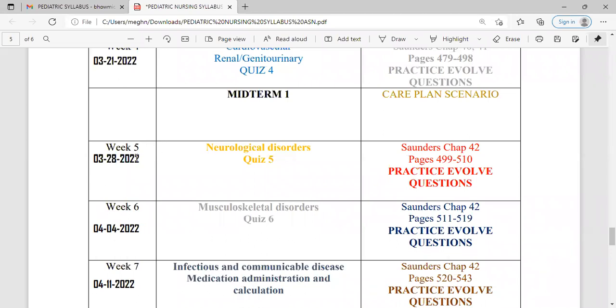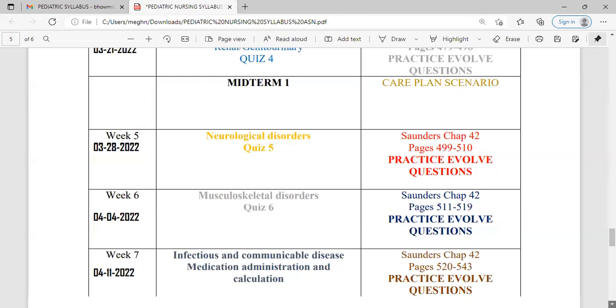So week 5, date here. Week 5 will talk about neurological disorder. Saunders book chapter 42, page numbers 499 to 510. Practice Evolve questions, same time. Week 6, we will talk about musculoskeletal disorder, chapter 42, practice questions.